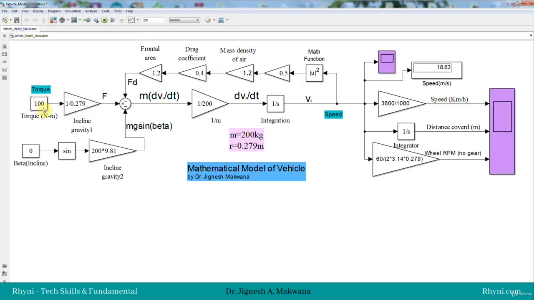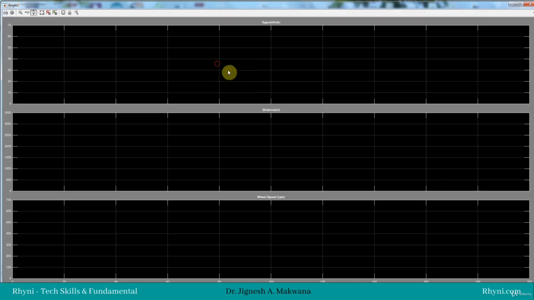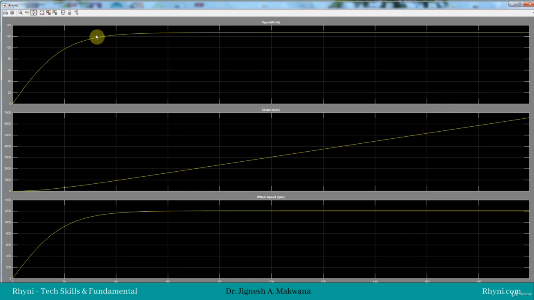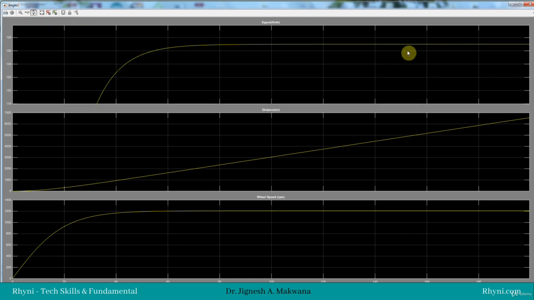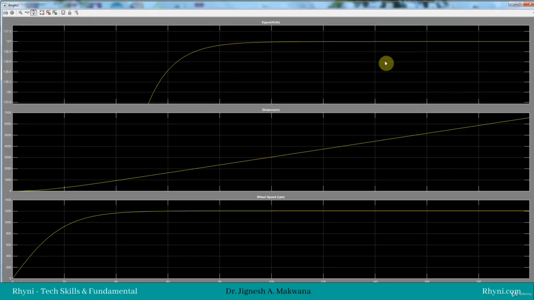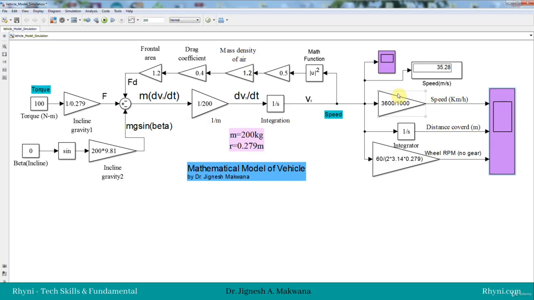Now if we apply 100 Newton meter of torque, then we can see the performance. Steady state speed is greater than 120, 127 km per hour. This is in meter per second wheel speed.